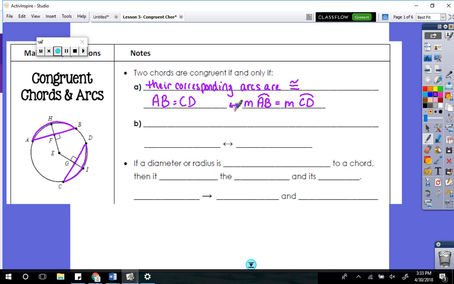Also, they are equidistant from the center. So they have to be the same distance here from the center. They are, and that's equal distance, equidistant from the center.